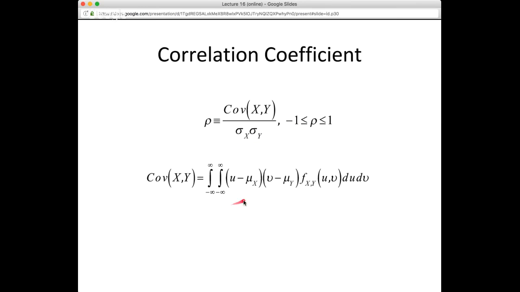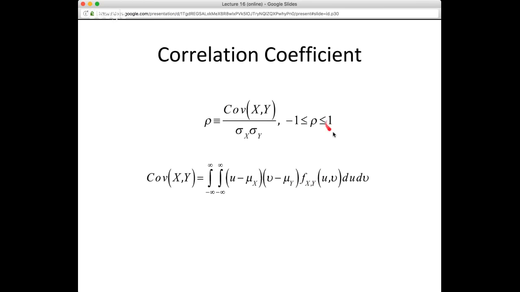And again, if you look at the definition of the covariance of x and y here, you can see how that would happen. If it turns out that the random variable x tends to be smaller than the mean when the random variable for y tends to be smaller than the mean, and that those two are strongly correlated, using that word literally in this case, then the product of these two quantities is always going to be positive when weighted by the probability density function.